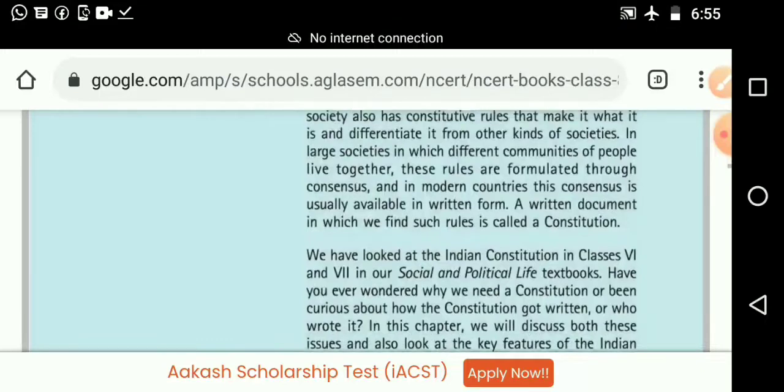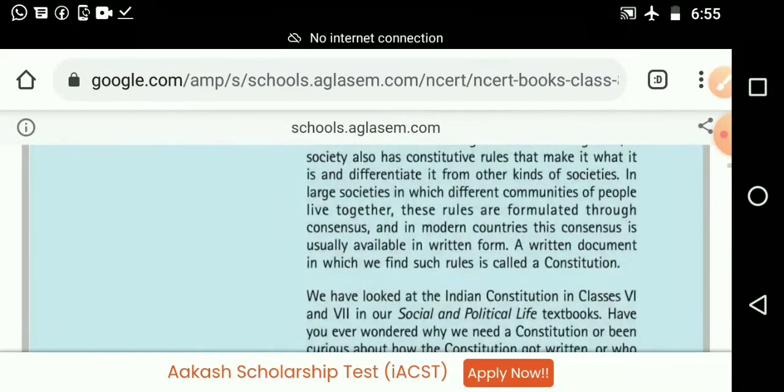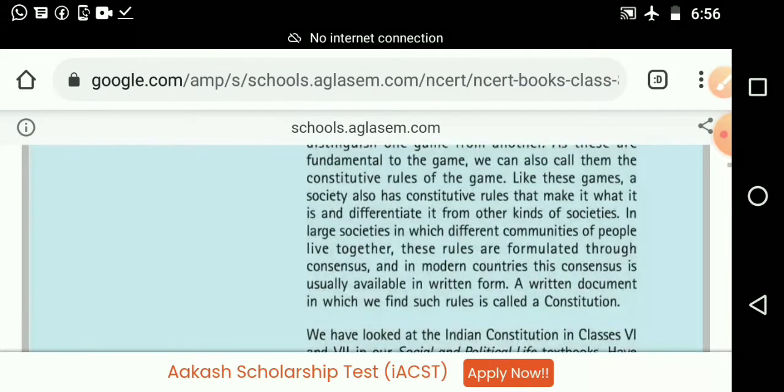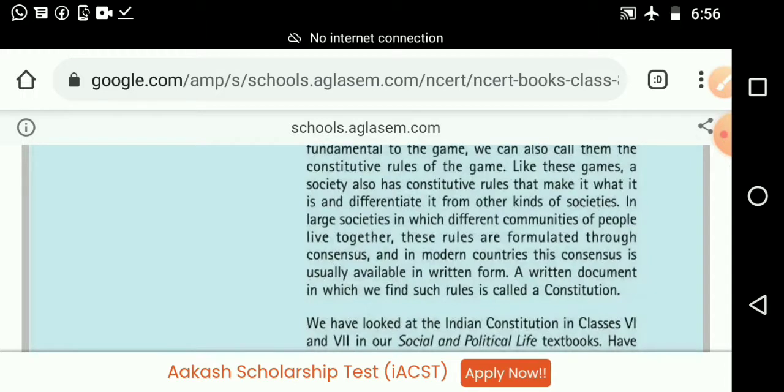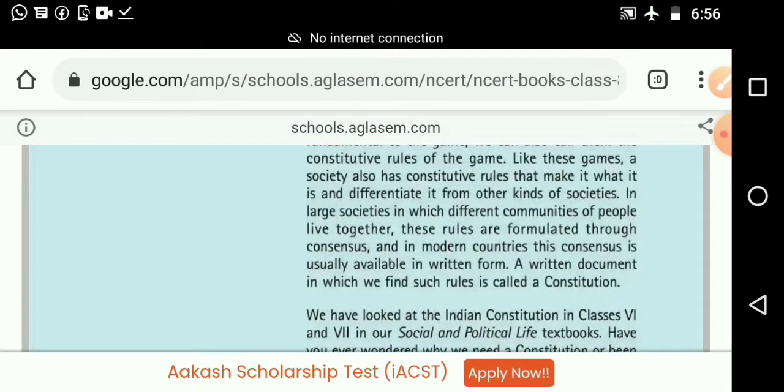Okay, so then at the end of the paragraph we can see that a society also has constitutive rules that make it what it is and differentiate it from other kinds of societies. Each and every game has its own rules and regulations.